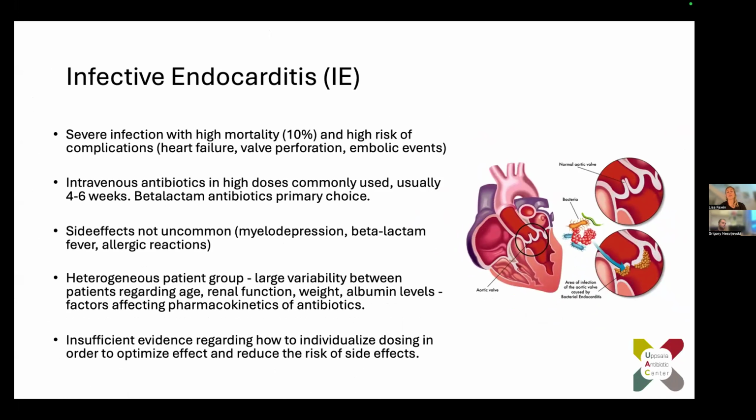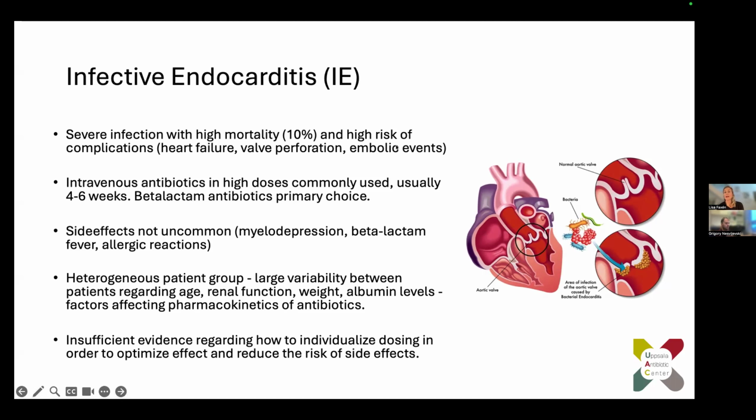In Sweden, there is a mortality around 10%, and there's also a high risk of complications. Around 40% of the patients get heart failure. They can also develop valve perforation, where the valves are destroyed by the infection, which can result in the need of urgent surgery.